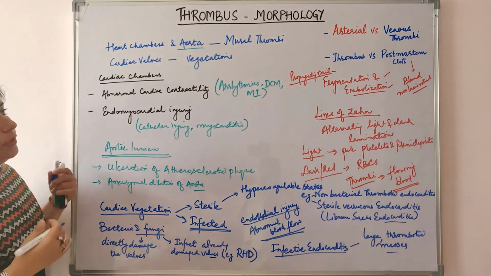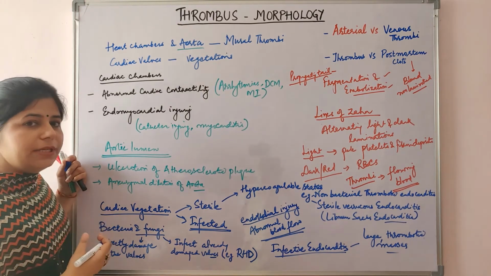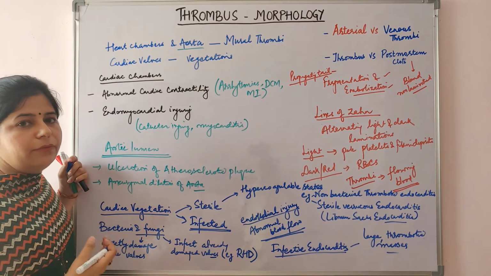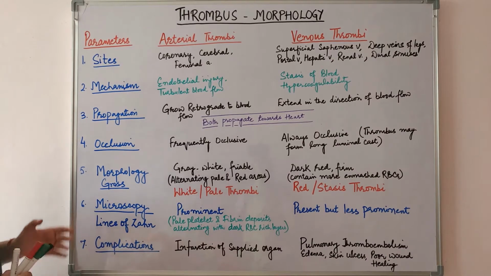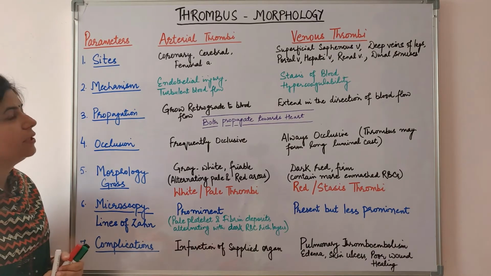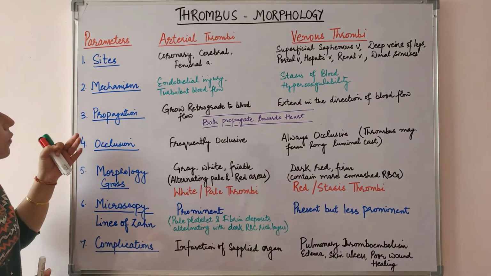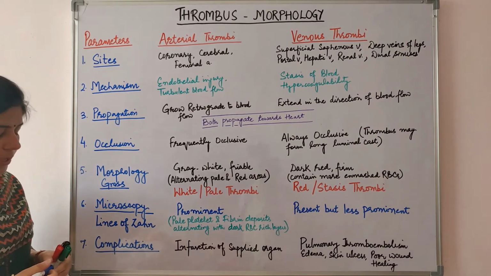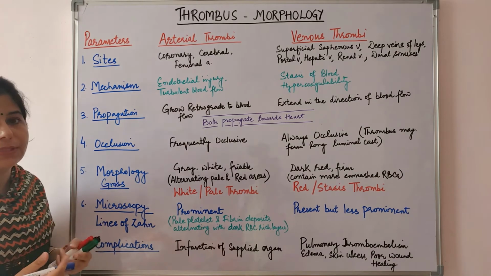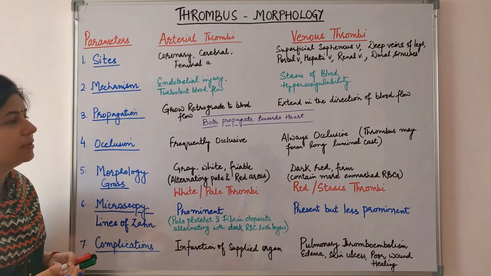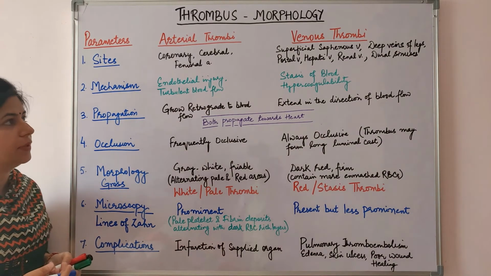So now we discuss the differentiating features between arterial and venous thrombi. On the basis of these parameters, we can differentiate between arterial thrombi and venous thrombi. The most common sites in arterial thrombi in decreasing order of frequency are coronary arteries, cerebral arteries, and femoral arteries.